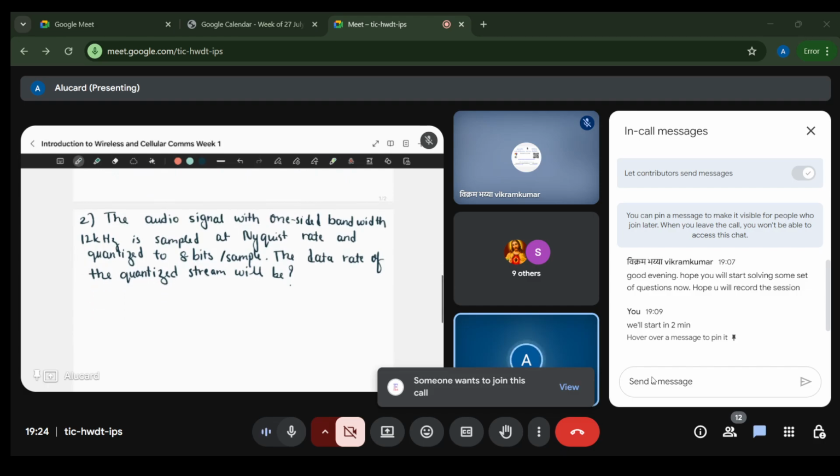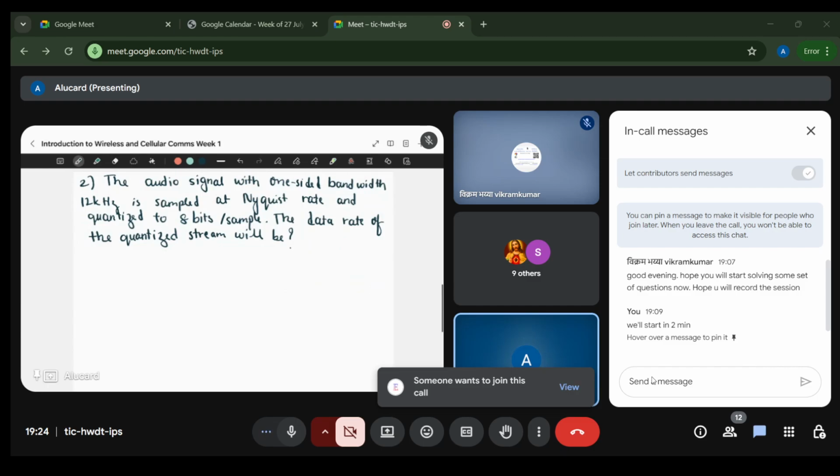This is similar to first question in the sense that you are sampling a signal, but in addition to that, you are also quantizing it. So they have given the signal has bandwidth of 12 kilohertz.